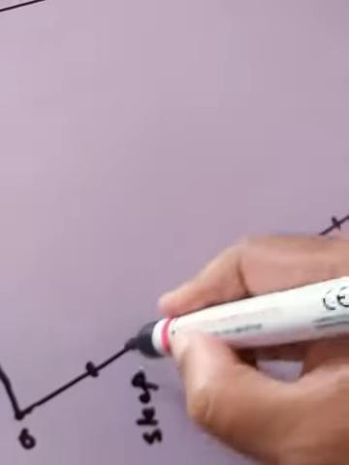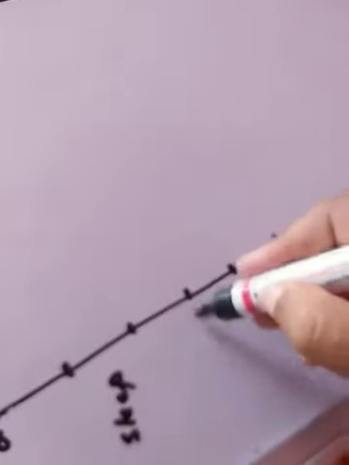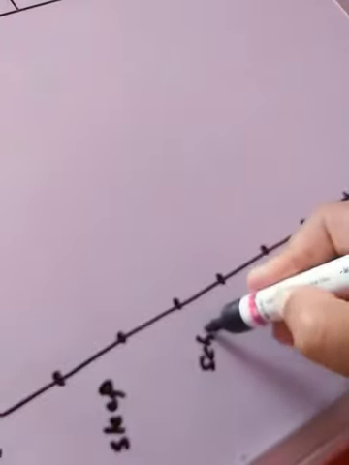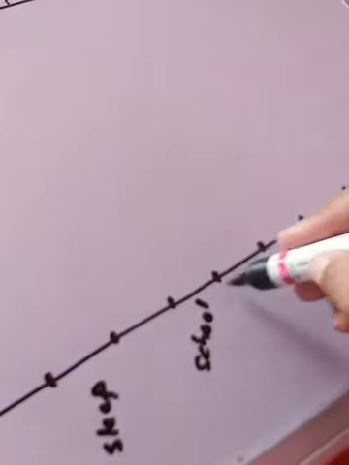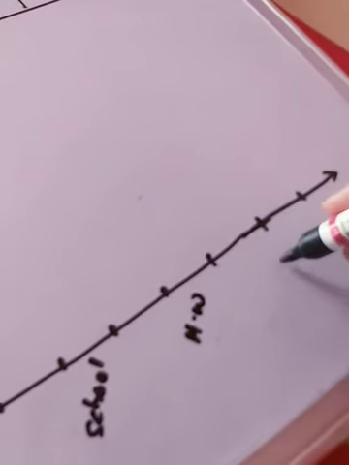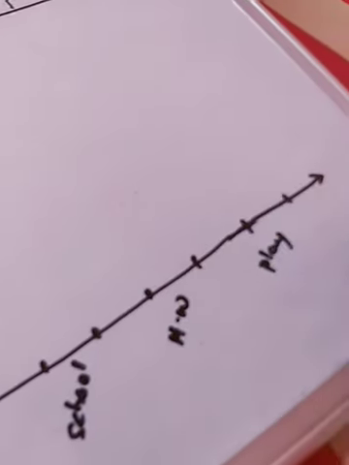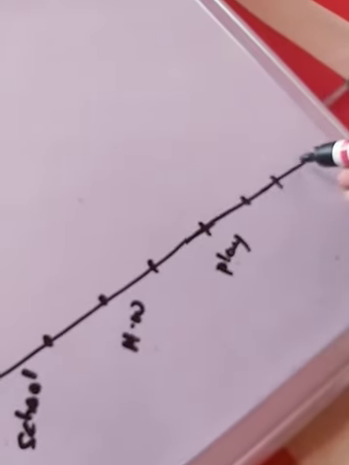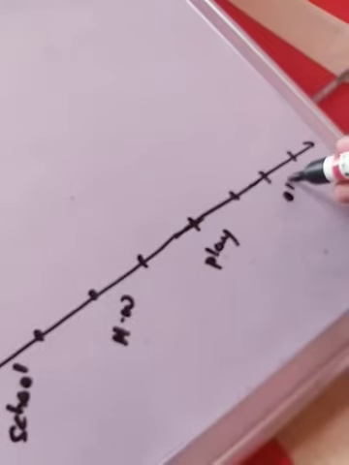So this section is sleep. Leave one gap. This would be schooling. Leave again one gap. This would be homework. Leave again one gap. This would be play. And this would be others.